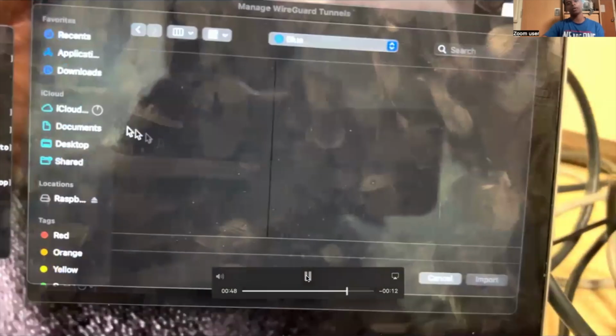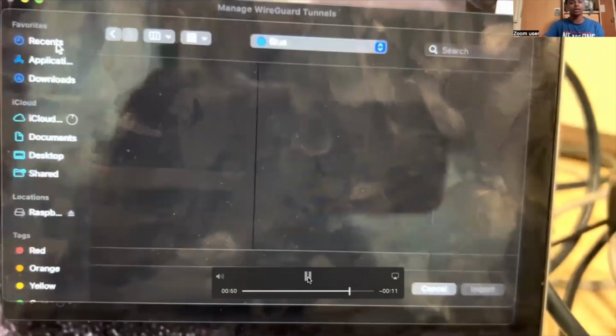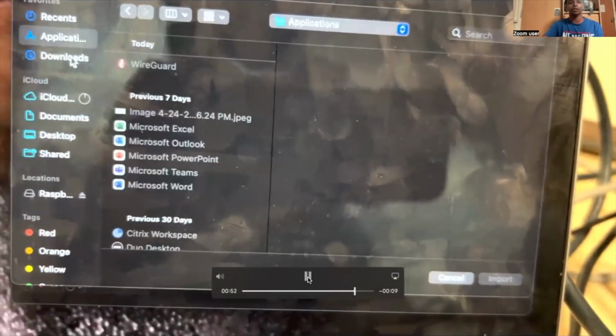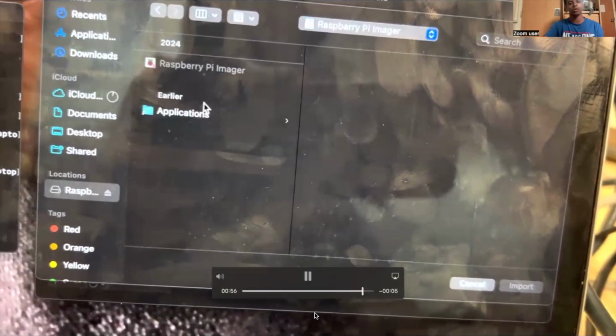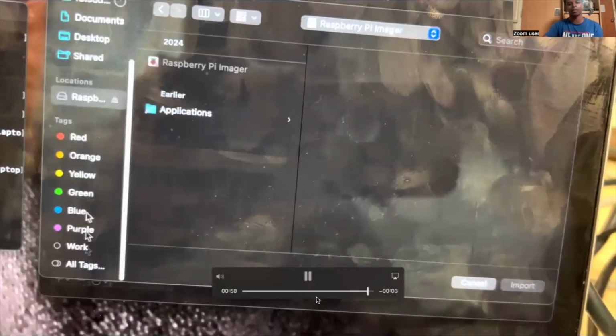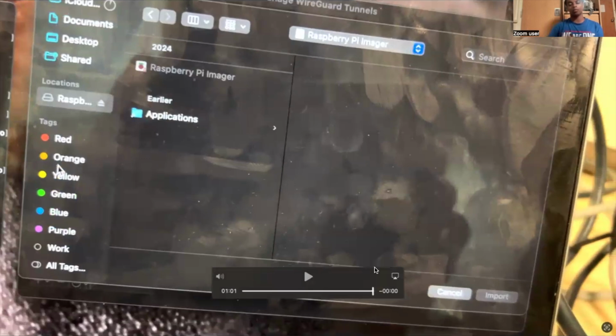However, the problem was when I tried to go into my laptop and manage the file and install it, it didn't happen to be anywhere. I looked through all places, just could not find it, even in the Raspberry Pi. So that was the one problem that I couldn't get past while doing this project.